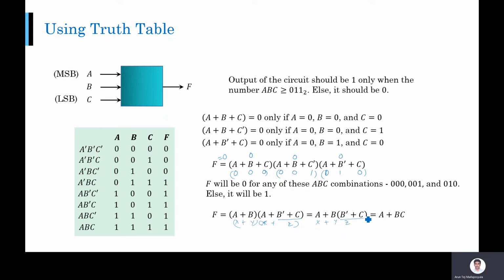B into B dash plus C is simply B dash plus BC. B dash is 0. So I have A plus B. Same expression again.